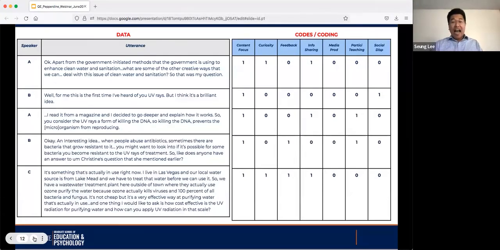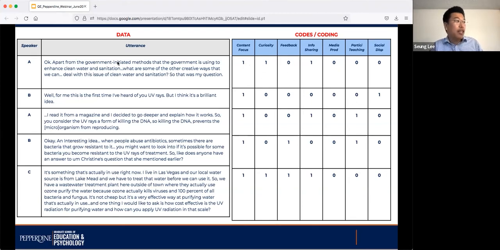And how we apply this type of code book to the data is in this manner. You can see on the left-hand side, we have the data, which consists of the utterances spoken by the students. And then on the right-hand side, we have the codes going across the top. We use something called binary coding, where if that code is present in the data, we put a 1. And if it's not present, we put a 0.